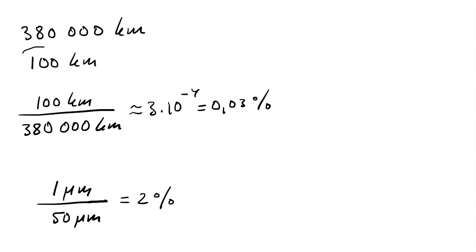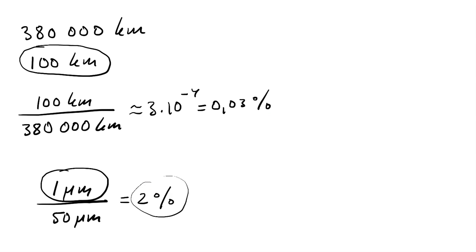Although the absolute error for the Moon is much larger than the uncertainty when we measure the width of the hair, the relative measurement uncertainty is much smaller for the distance to the Moon. So in some sense, this measurement of the distance to the Moon is better, more accurate than the measurement of the width of a hair.